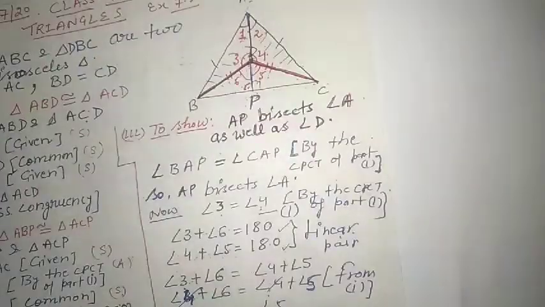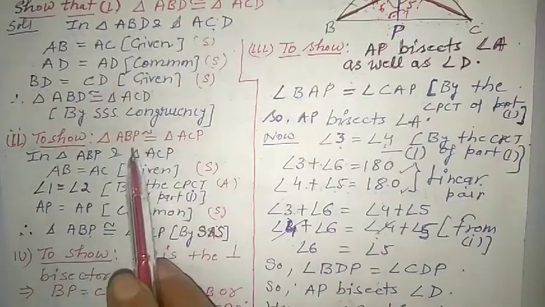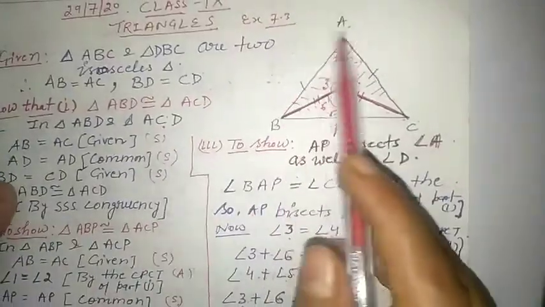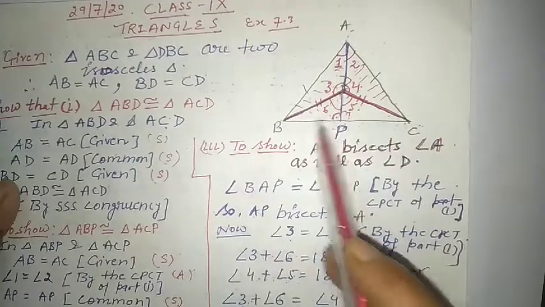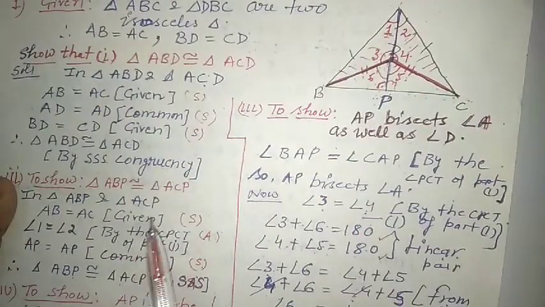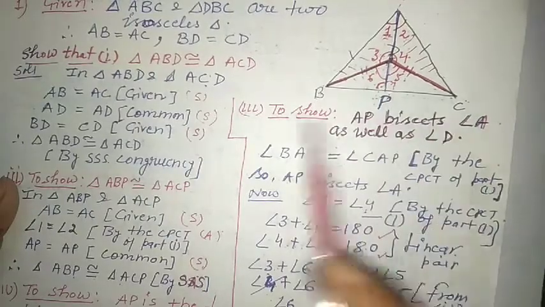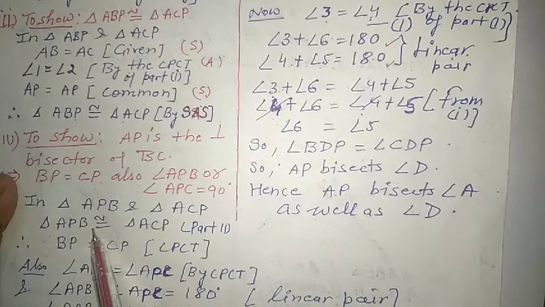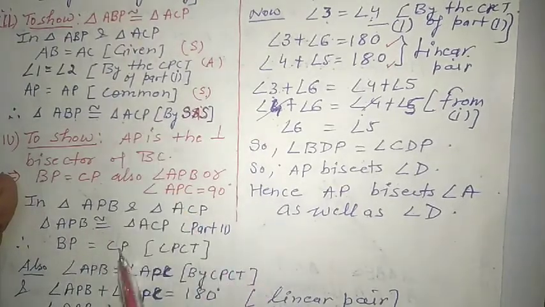For this we can use the CPCT of part 2. In part 2 we already proved that triangle ABP is congruent to triangle ACP. This we have proven in the second part. So with the CPCT of the second part we can say BP is equal to CP.